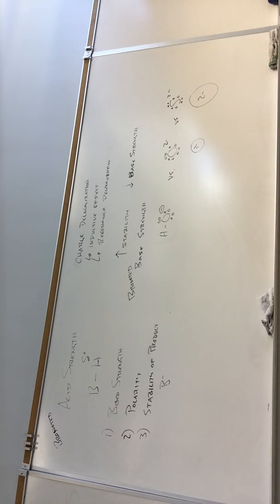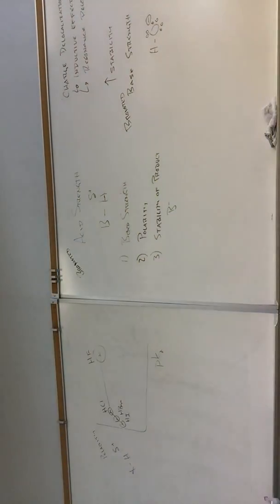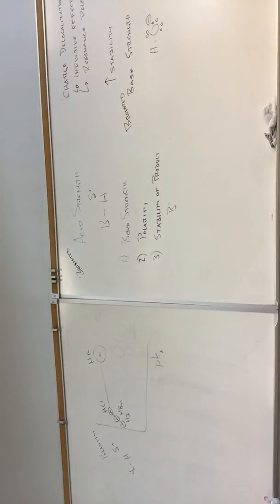Unfortunately, our chart has an error in there. Our chart has sulfide as a weaker base than hydroxide, not a stronger base than hydroxide. But I corrected the chart here. This is from more recent data.